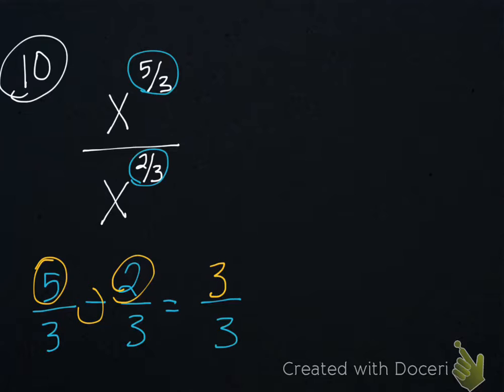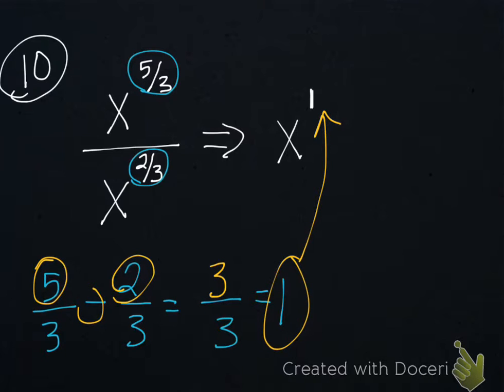Well, this is entertaining. 3 divided by 3 can be reduced to 1. So this is just 1, right? Now remember that 1 is the exponent, so it's x to the first power. Make sure that you don't just put the exponent down and forget to put the whole problem. So I can write that as a plain old x because we don't have to write exponents of 1. They can be assumed.